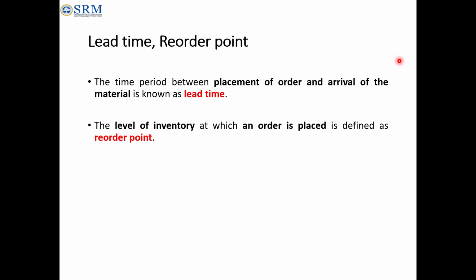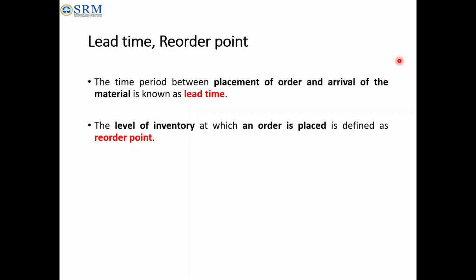Then reorder point is another term: the level of inventory at which an order is placed. At a particular inventory level, we know that soon we may need to order some inventories, or we need to purchase some parts, otherwise we can't produce. It's not a last minute purchase. Definitely they will be purchasing well in advance so that they can run without disturbing the production.